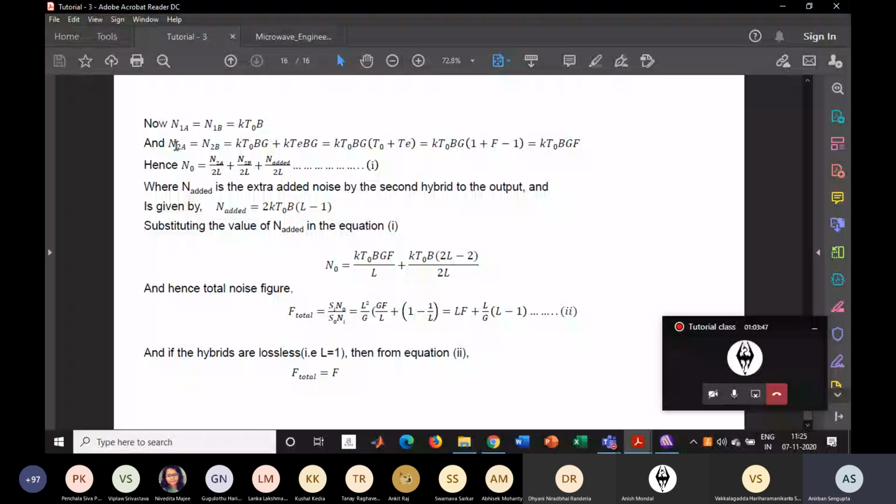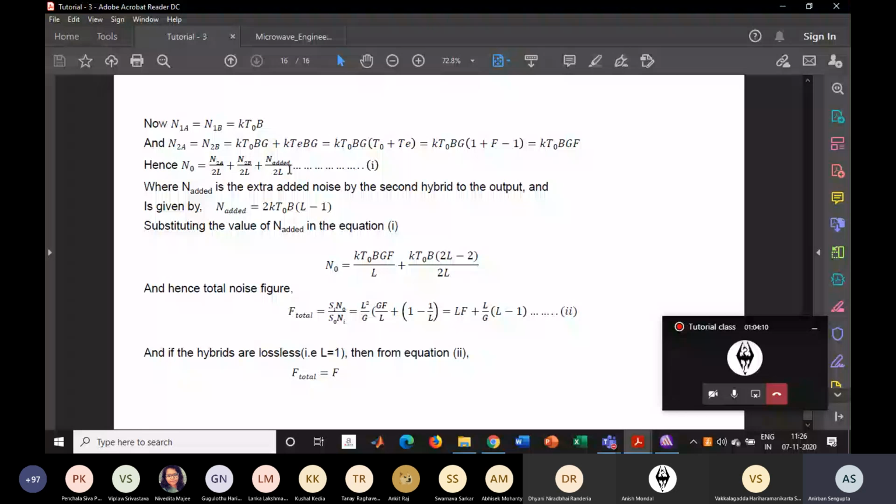So for the noise at the output side, meaning at this point after the second quadrature, it will be N2A by 2L plus N2B by 2L plus N added. N added is the extra noise due to the second hybrid.